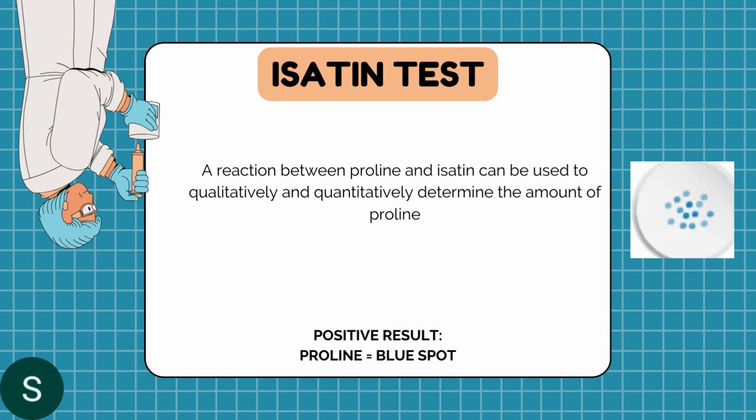This test is the reaction between your proline and your isatin, and it is used for both qualitative and quantitative tests. Okay? It tests if it is proline and how much proline there is, qualitatively and quantitatively determining the amount of proline.